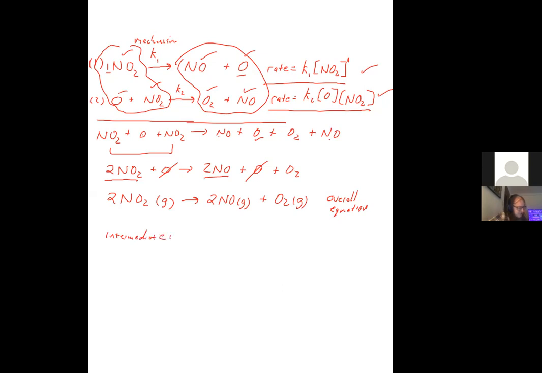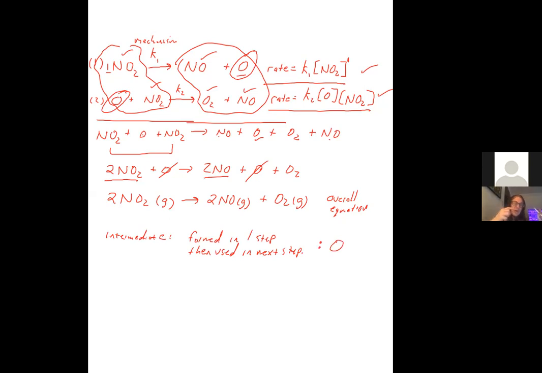An intermediate is formed in one step and then used in the next step. So you see how the O is formed here in the first step, but then it's used in the second step. That's what makes it an intermediate.